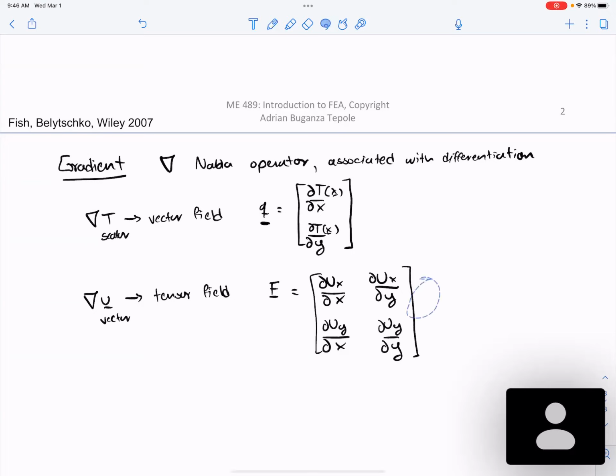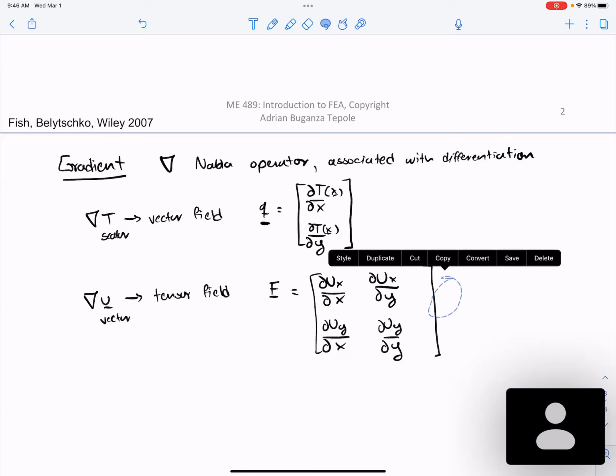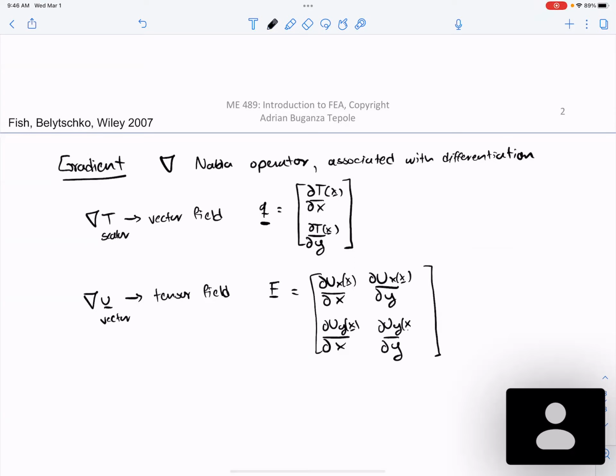And I can make the dependence explicit. Note that this ux is a function of both x and y, so it's a function of the x vector. That's why we can take partials with respect to either x or y. So that's the definition of the gradient.